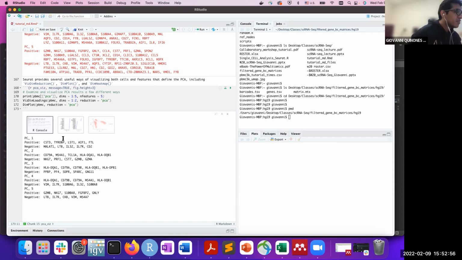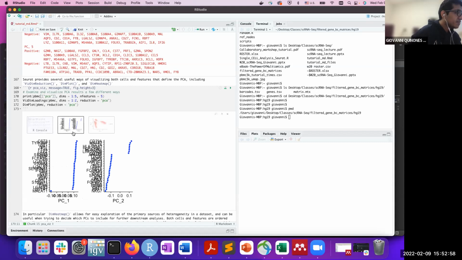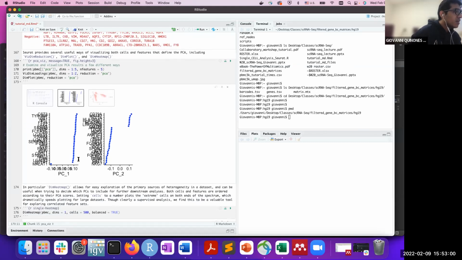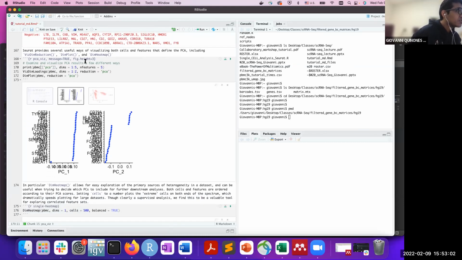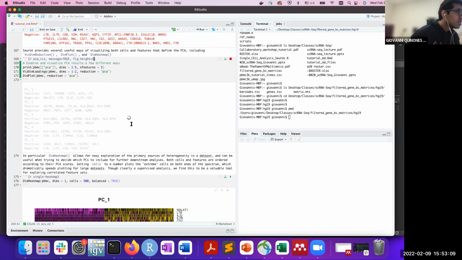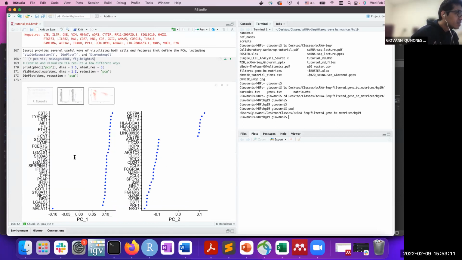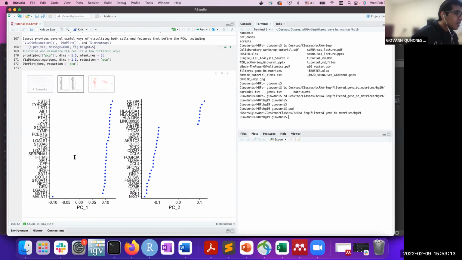And this becomes a little more clear with the first plot. It's a little smooshed, so let me change the height for this. That's a little better. What this plot is showing is a list of selected genes, and the new values for these genes.